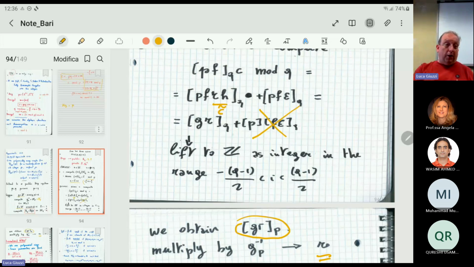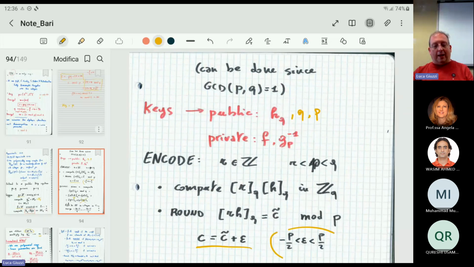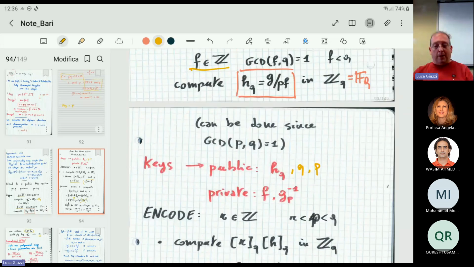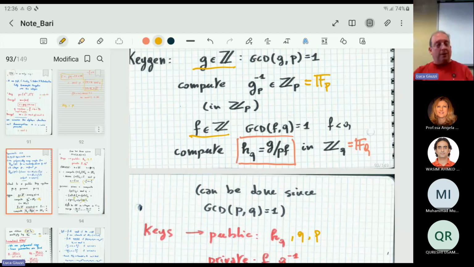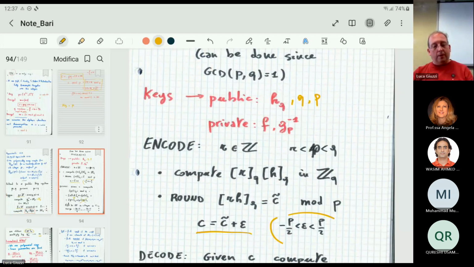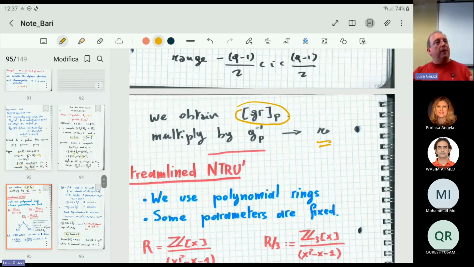And the result of these products in the integers are the same as the result of these products in the classes we are working with. And this is the reason why we have these assumptions on how epsilon must be, on how F must be, and also on how P and Q have to be chosen. However, if we have been careful, everything works.